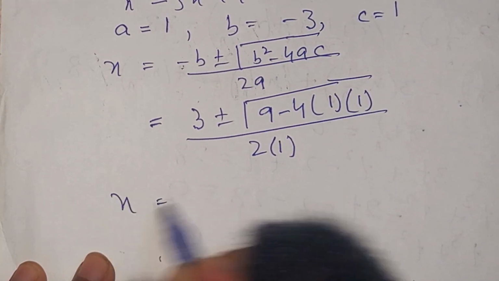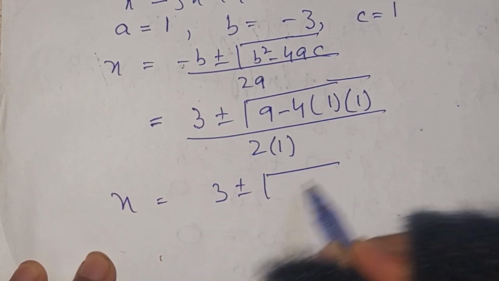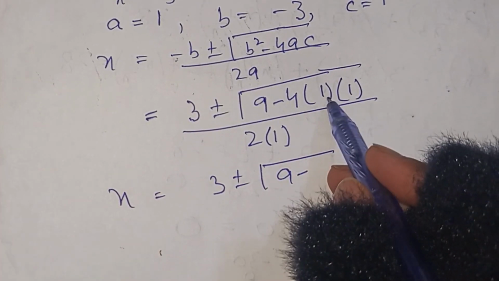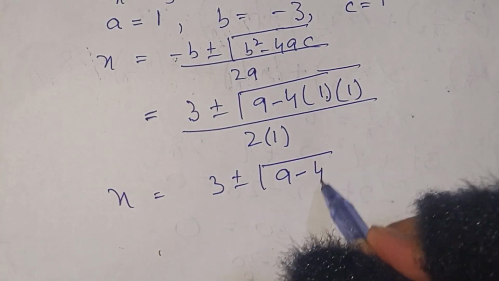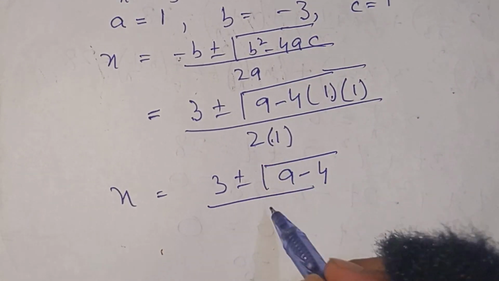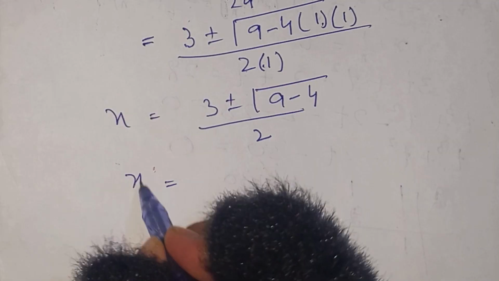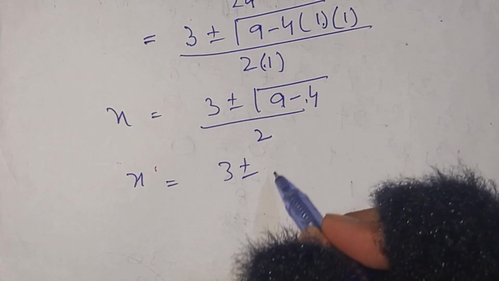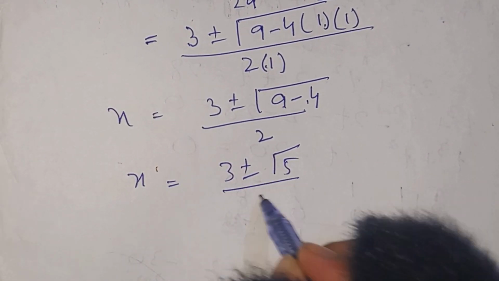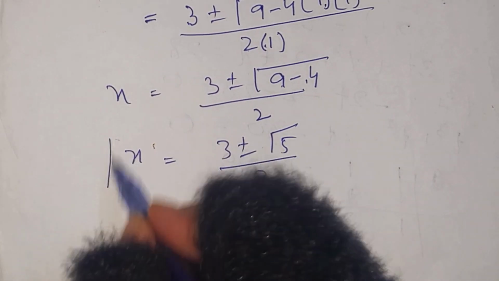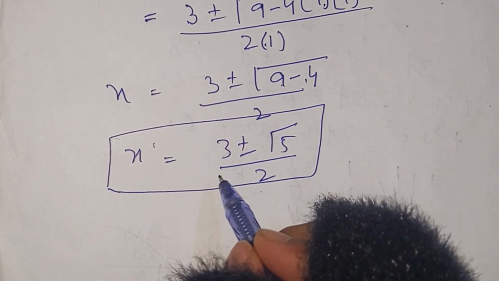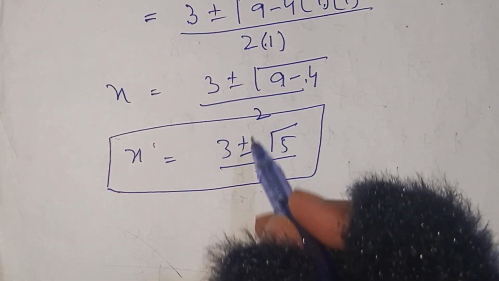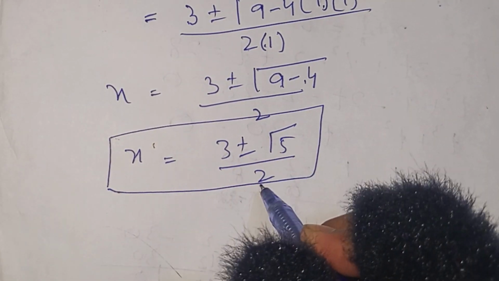So this is 3 plus minus square root of 9 minus 4 multiplied by 1 is 4, and 2 multiplied by 1 is 2. So x is equal to 3 plus minus square root of 9 minus 4 is 5. So this is the value of x in our question, which is 3 plus minus square root 5 over 2, and we have done.